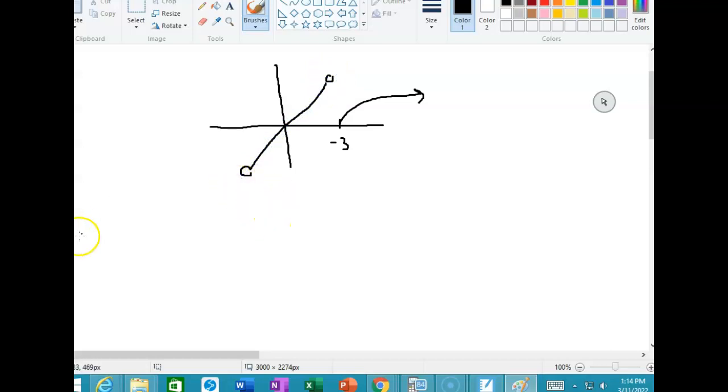So again, given the equation, can you really write down what f of x is? So like, let's say that this point here was -3, 3. And let's just say that this point here was -3, -3.